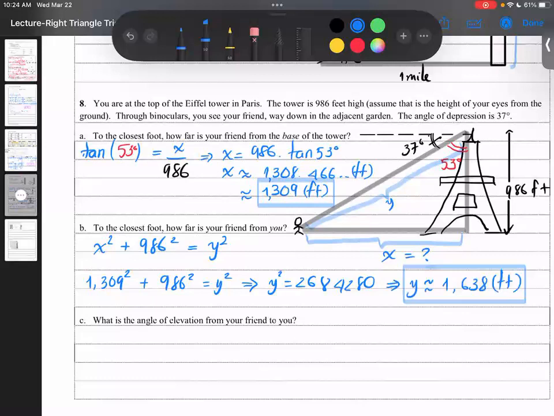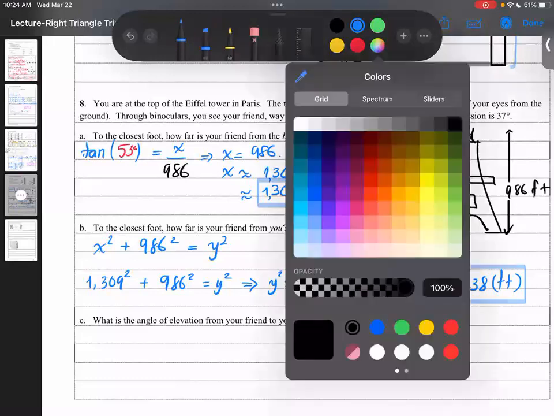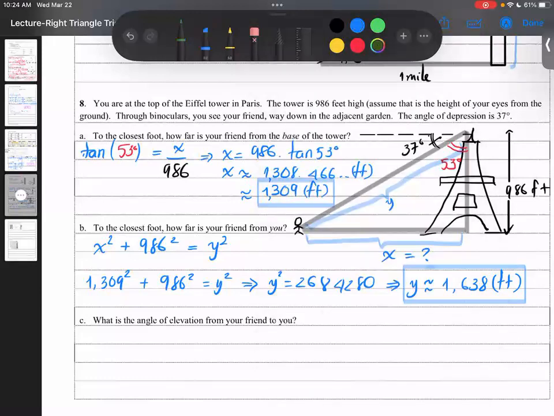What is the angle of elevation from your friend to you? Which one are they asking? Yeah, the other angle, right? From your friend to you, angle of elevation. Remember, the horizontal is at the bottom.